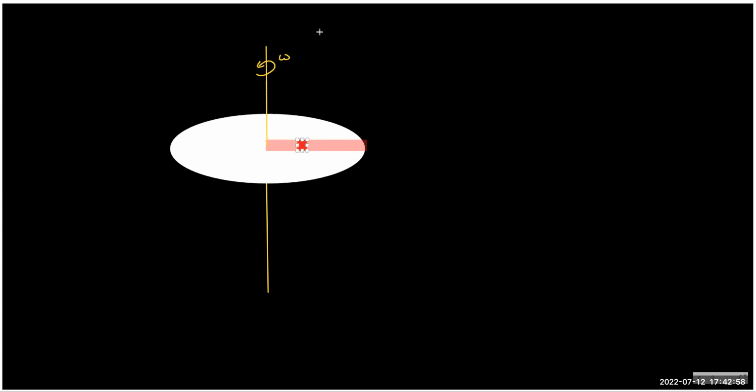Yes, it's constant. It's written in angular velocity. Okay, constant, fine. So let's say if you are at a distance x from the axis, and it is moving with constant angular velocity, it will experience the centrifugal force.